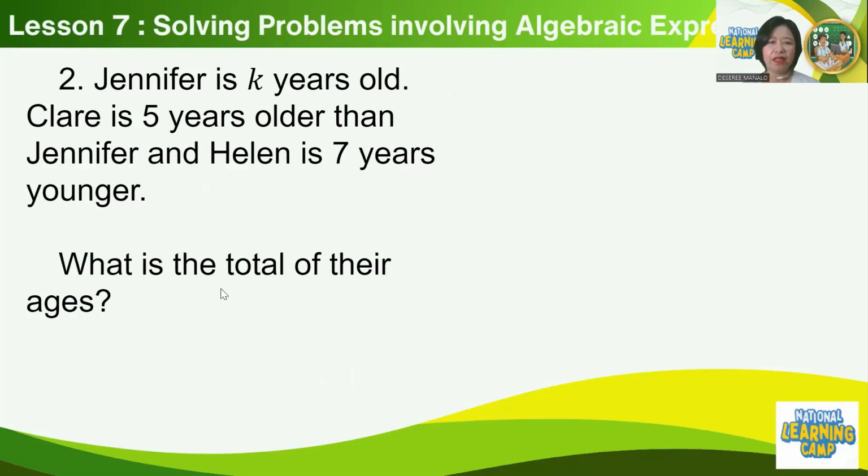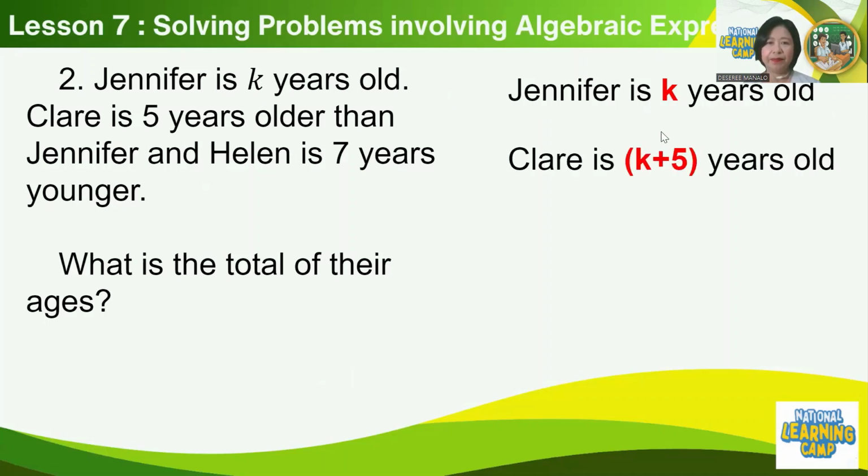Number 2. What is the total of their ages? Jennifer is k years old, so the age of Jennifer is represented by k. Claire is k plus 5 years old. Why? It is said in the problem that Claire is 5 years older than Jennifer, so we add 5 to the variable k, which is the representation of Jennifer's age.